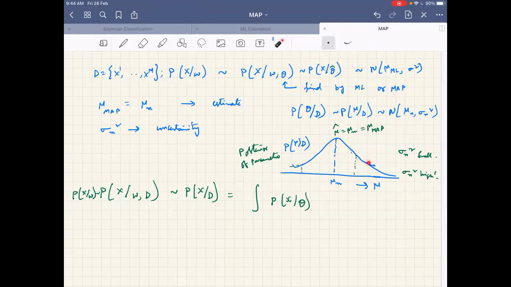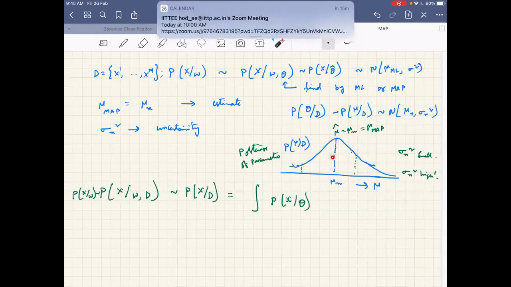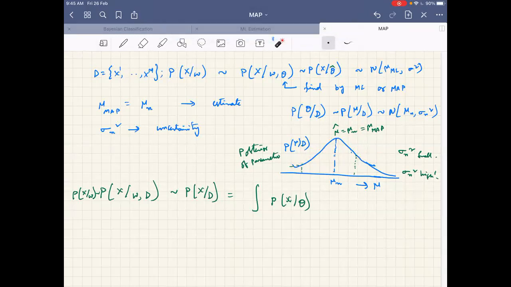But maximum a posteriori probability says this is the best possible mu, but there are other possibilities as well. So I don't want to make use of just the best possibility, I want to make use of others as well. I will use P of x given theta, which means I want to consider all possibilities.